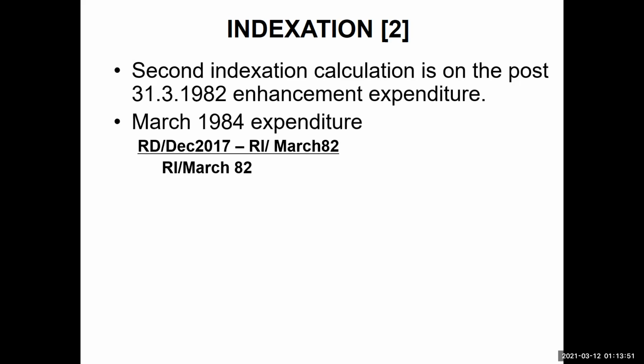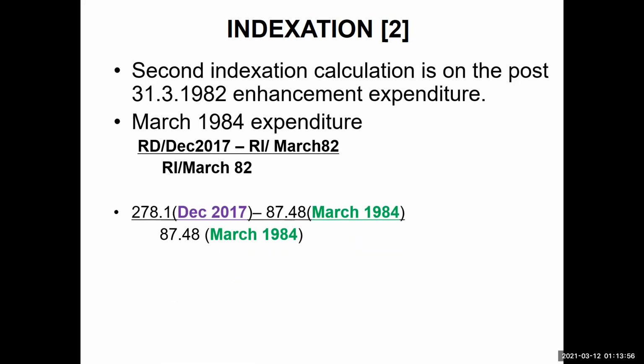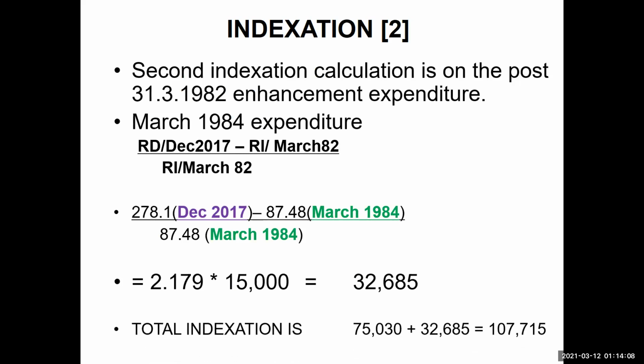It was incurred in 1984. I think the cost was 15,000. Yes, so we have the figures for our indexation. We know the formula. So it's 2.179 times 15,000, like I said, which gives us 32,685. Add it to the initial figure that we computed of 75,030, and we get 107,715. So easy to compute and get this. Perfect.